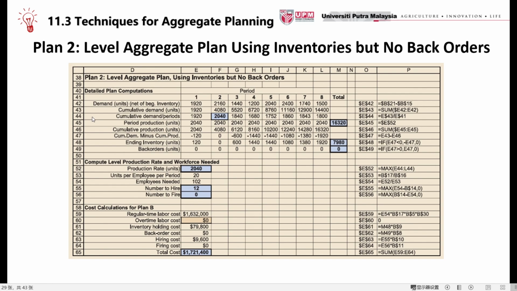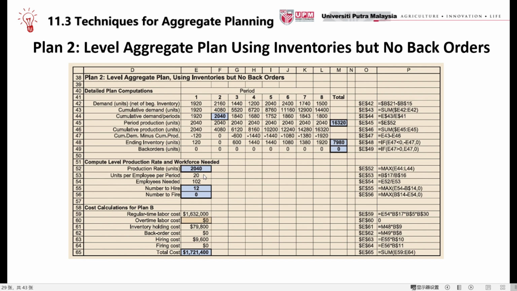Analyzing this graph, we can see the maximum cumulative demand is in period 2, and this number is 2040. We divide it by 20, and then we get that in plan 2 the company needs 102 employees.